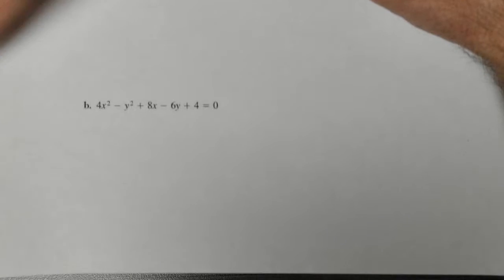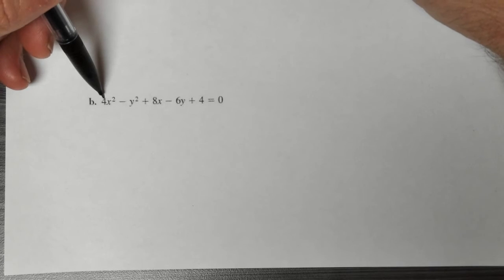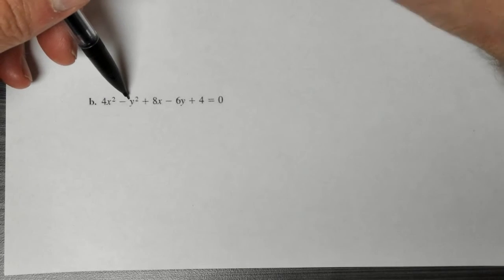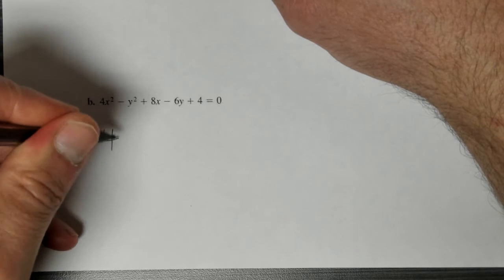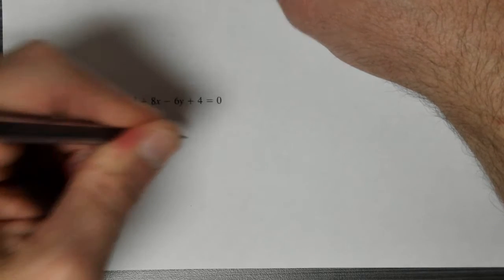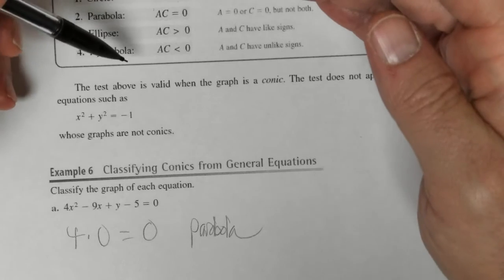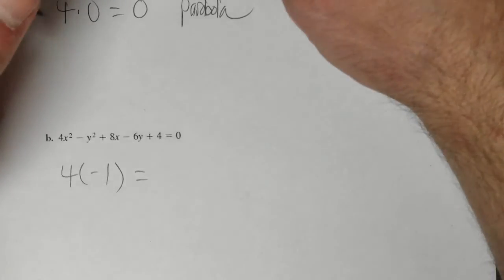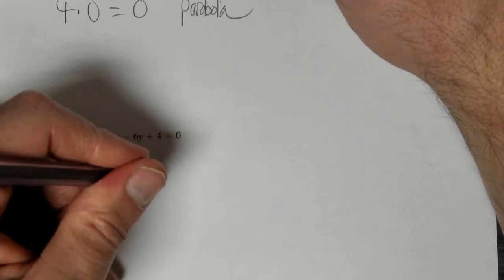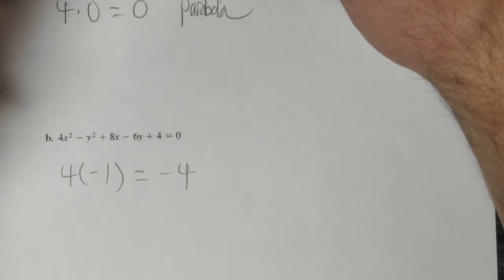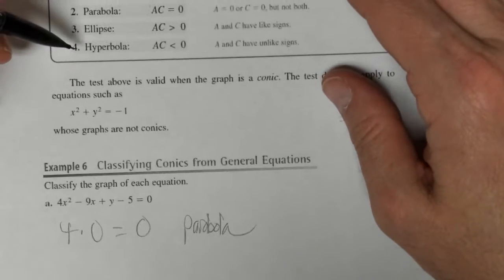The next one, my A is 4 and my C is -1. Going through my progression here, they're not the same, and the product is not equal to 0, but the product is a negative number, which would indicate that I have a hyperbola.